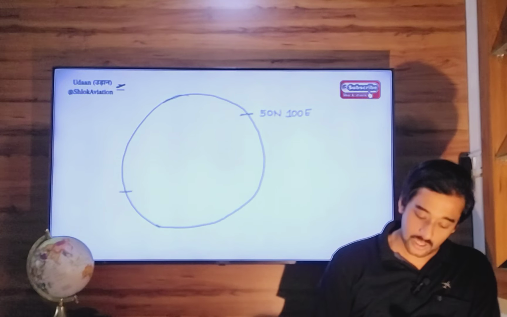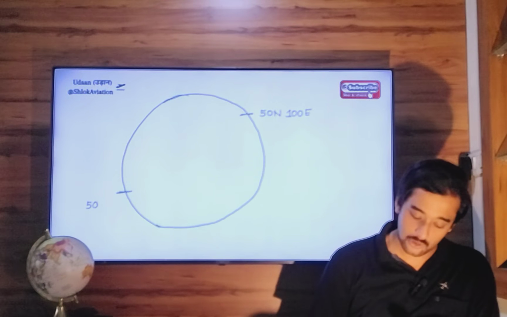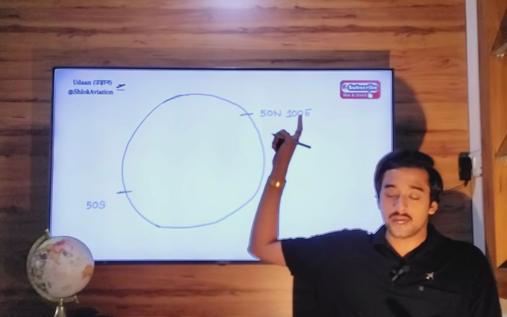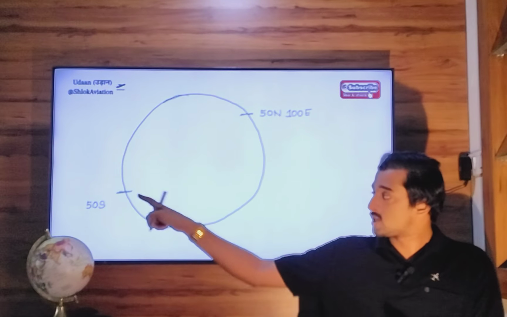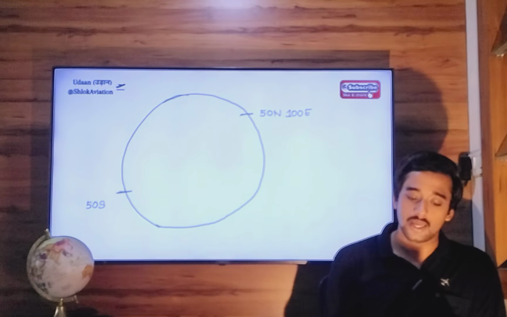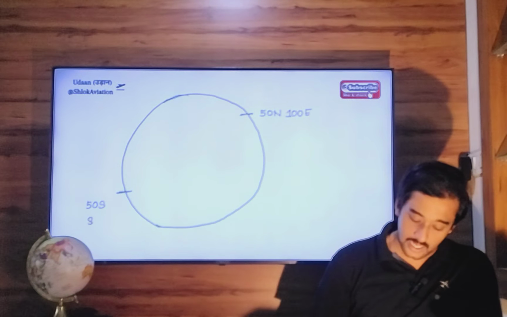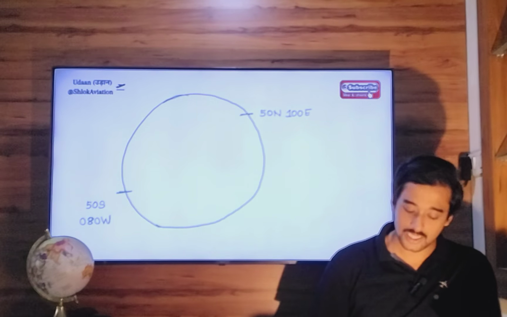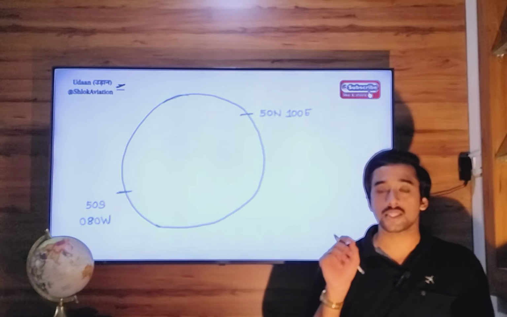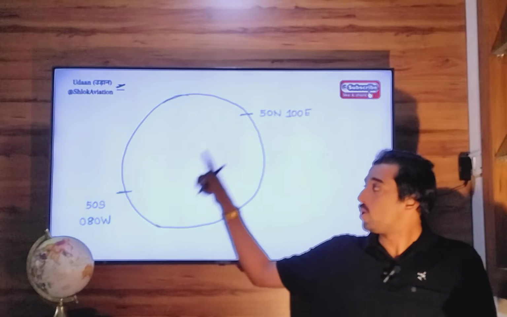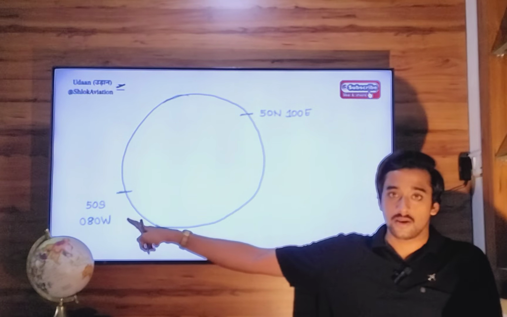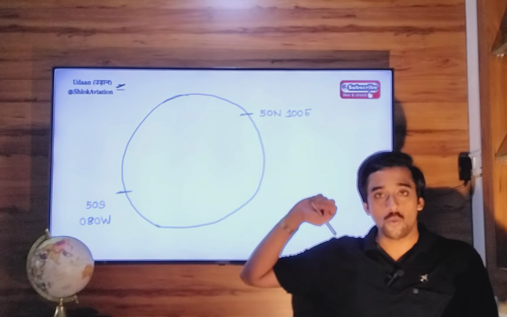So the antipodal point will be 50 degrees south, 50 north will become 50 south, and the new longitude will be 180 minus 100, that is 80 degrees west. Make sure the sum of the longitudes is equal to 180. So if this is 100, this has to be 80. Only then the sum of them will be equal to 180.